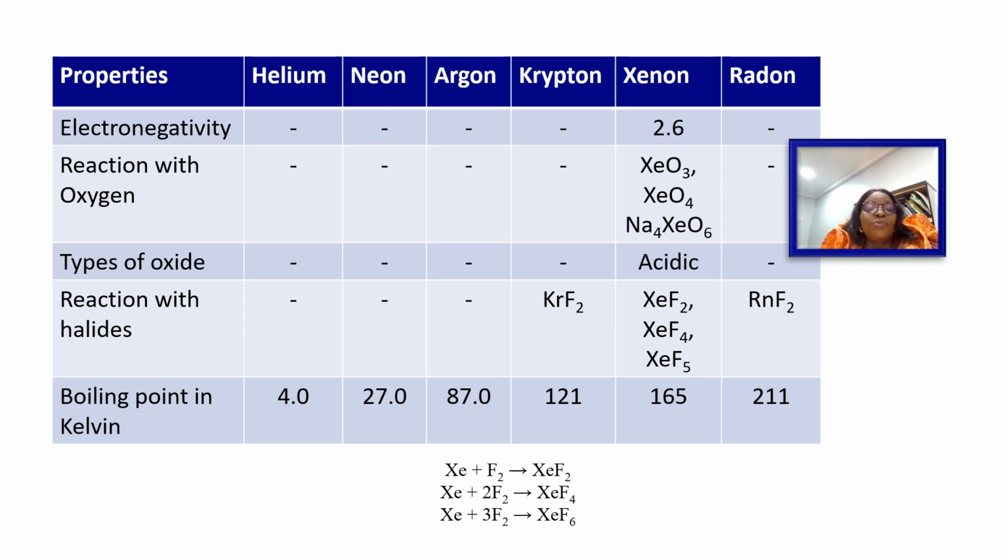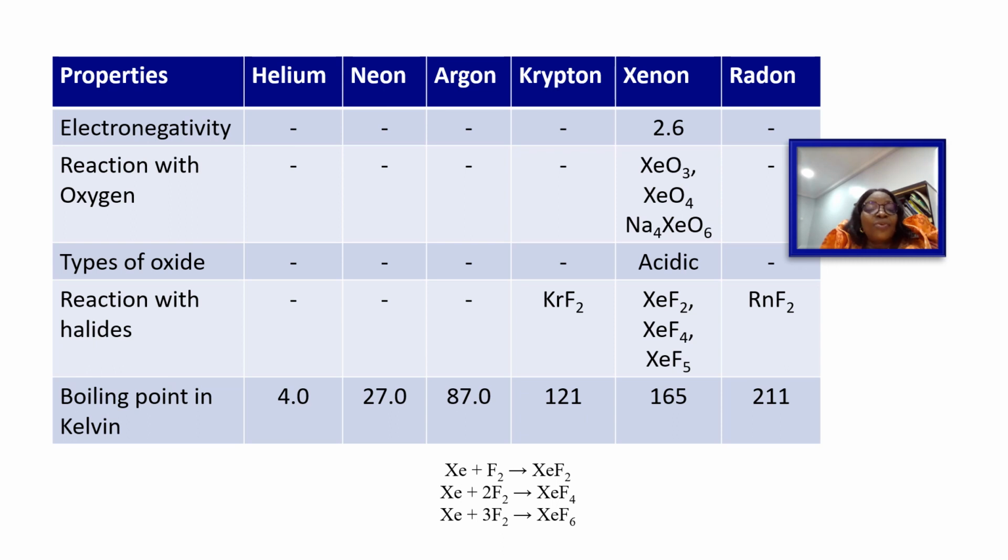What of the reaction with halides? The halides are the group 17 elements that are highly electronegative. If you remember in our last class lesson, we said that fluorine is the most electronegative element, and fluorine can react with xenon, forming xenon difluoride, xenon tetrafluoride, xenon hexafluoride.